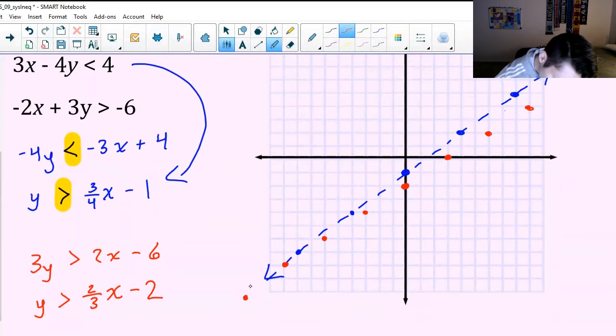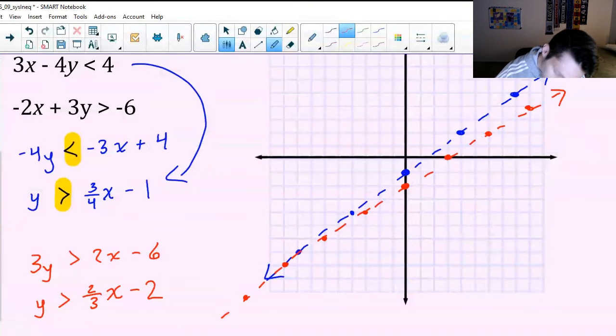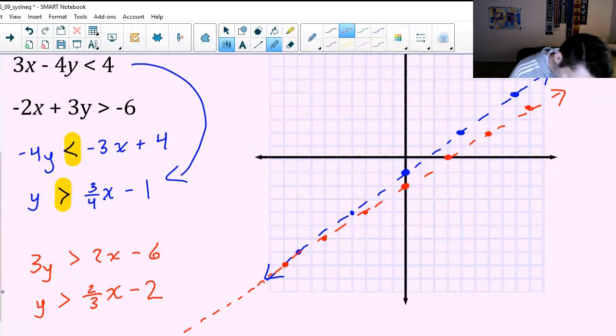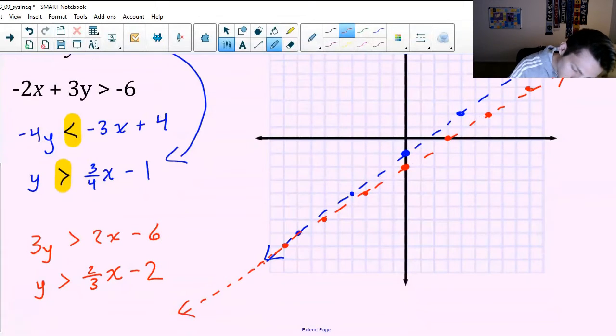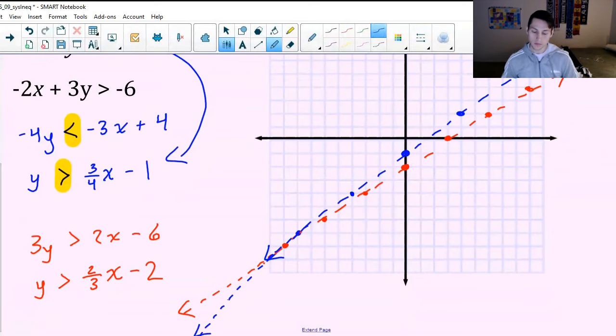All right, so this is also a dashed line. I guess I should probably extend these lines more. I'll extend this blue one more too. Okay, so not a great choice of equations for me. Sorry about that.